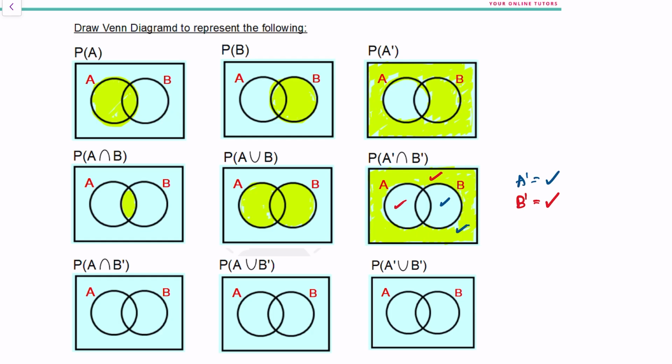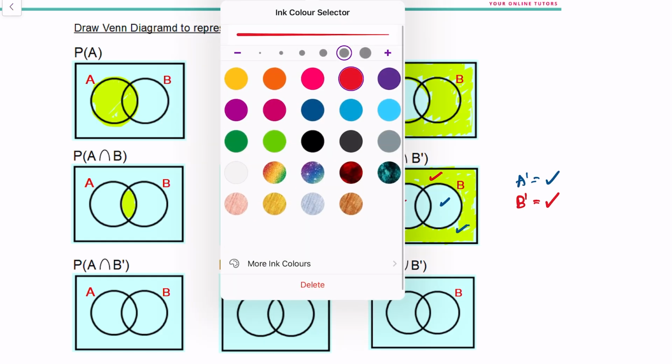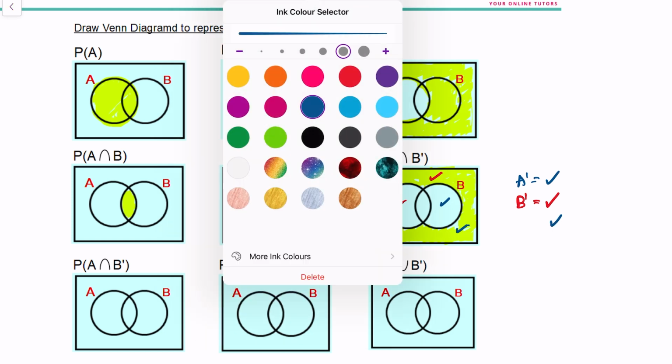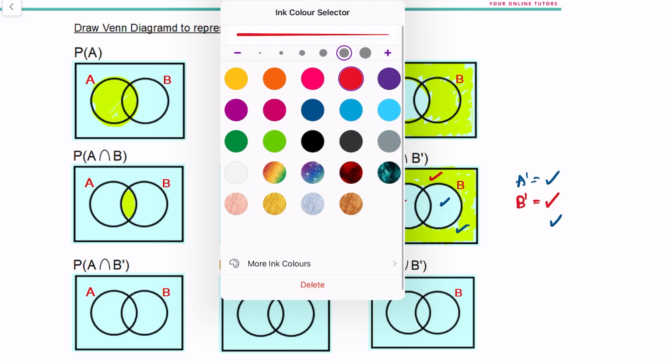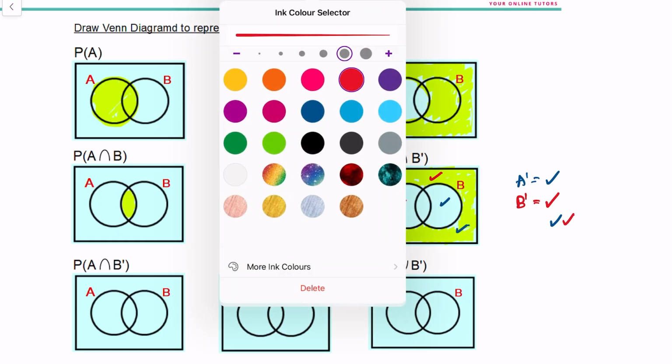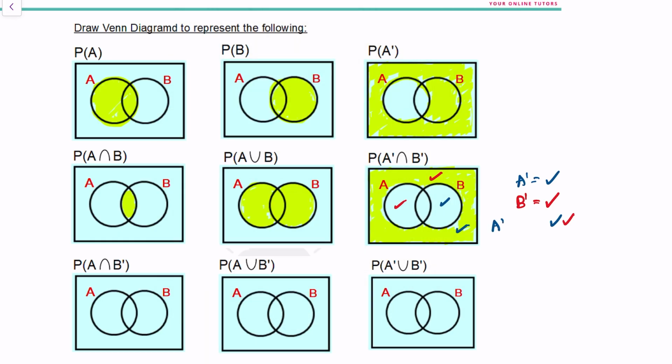Now the part that has both ticks, both a blue tick and a red tick, will be not A intersect not B. And you can clearly see that the only part that has both a red and a blue tick is the part on the outside, which I've highlighted already.